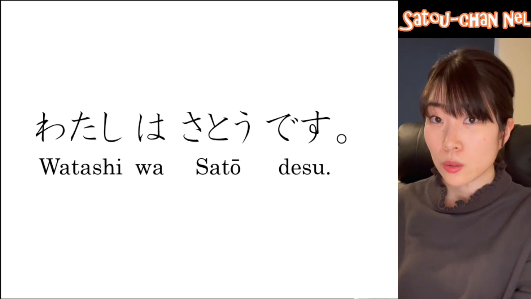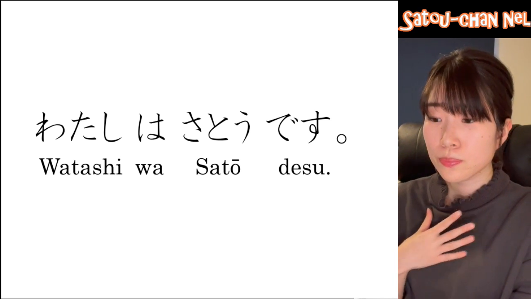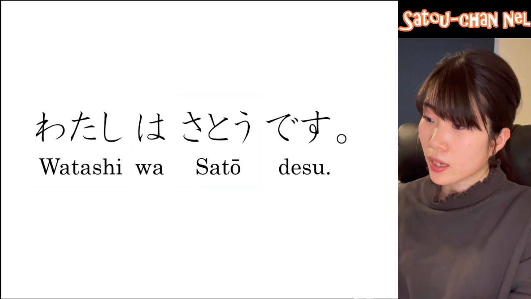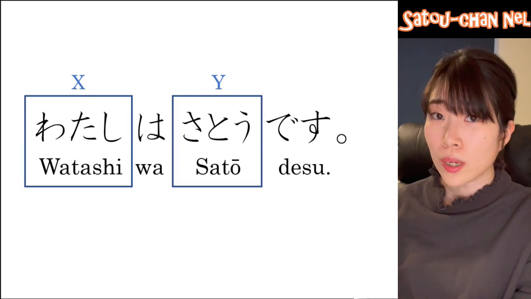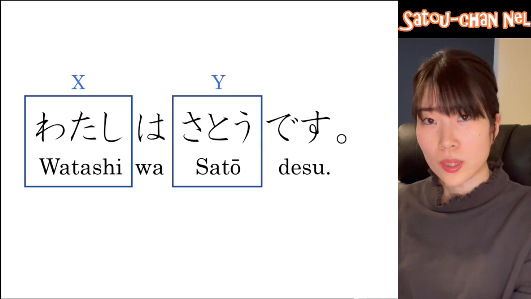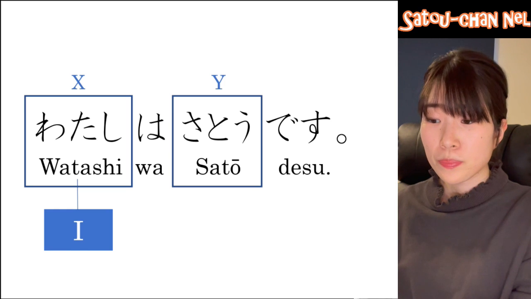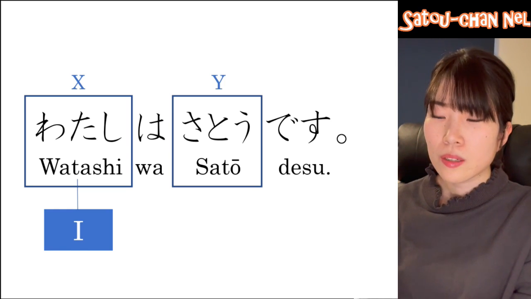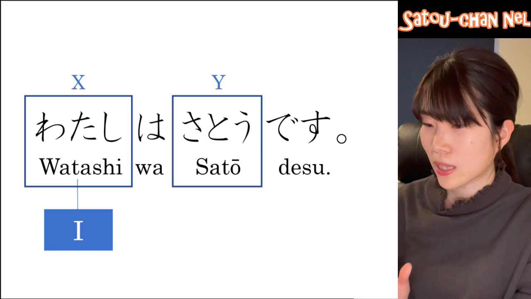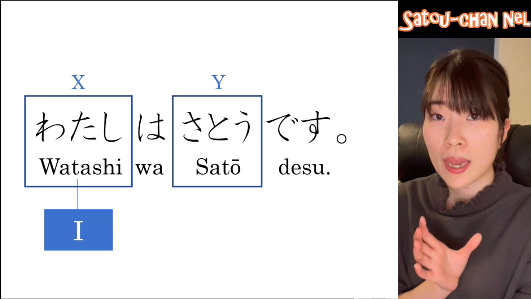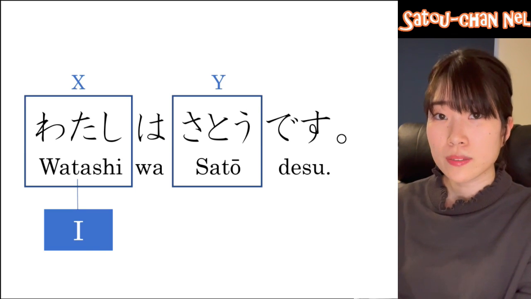私は佐藤です。X is the topic. So now I'm talking about watashi. What is watashi? It means I. There are a lot of different ways to say I, but this watashi can be used by both men and women, and it's the most basic one.